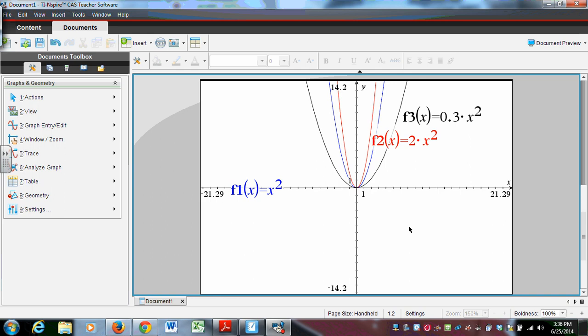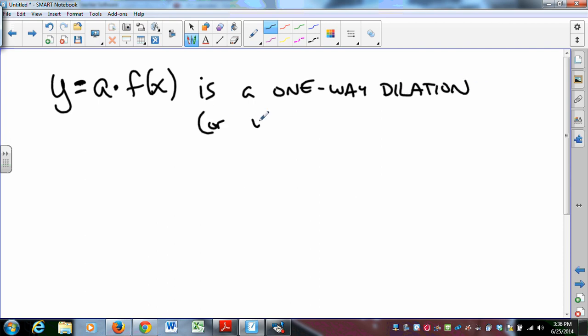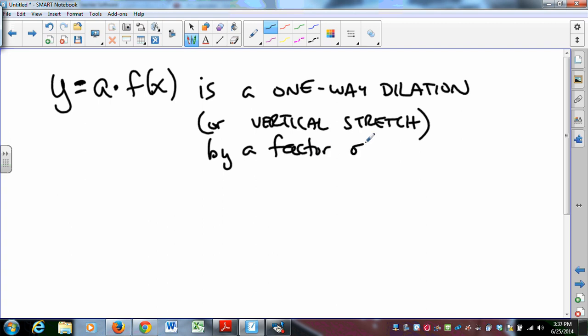What really happened? Well, when we multiply the function by a, what we get is a one-way dilation, also called a vertical stretch. We stretch out the y values by a factor of a.